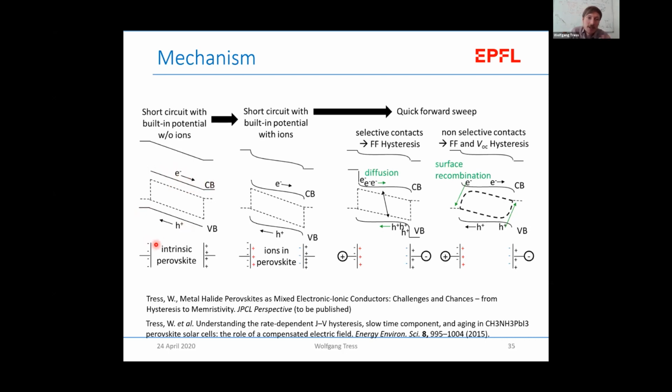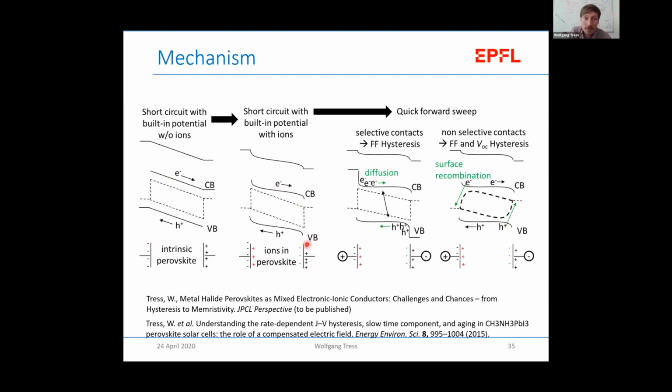If you assume that there are these mobile ionic charges, of course, they also see this electric field, and they tend to screen the electric field in this material, similar to electrons in a metal or ions in an electrolyte. Then we basically get low electric fields, shown by flatter bands here. This is illustrated here: ions pile up there, and you can get a kind of dipole layer.